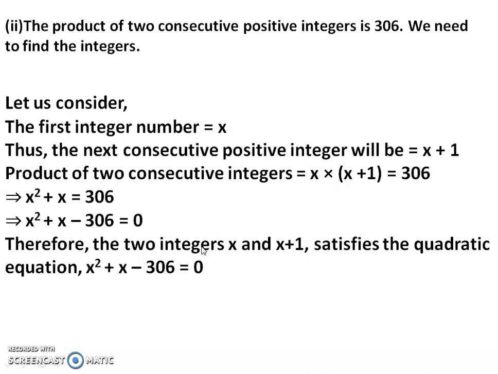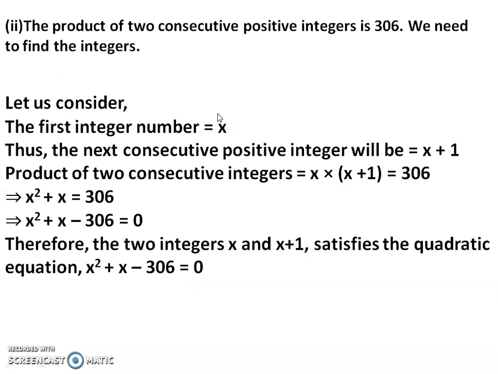Therefore, the two integers we took, x and x plus 1, satisfy the quadratic equation x square plus x minus 306 equal to 0. Students, don't forget to write this equal to 0. If you write equal to 0, then only we can say that it is a quadratic equation.